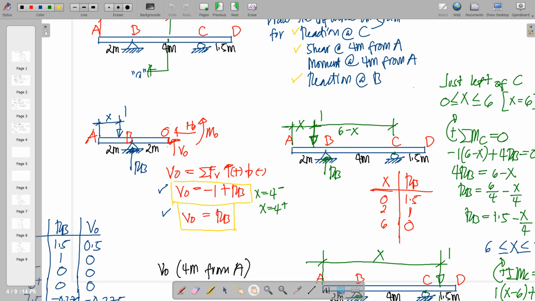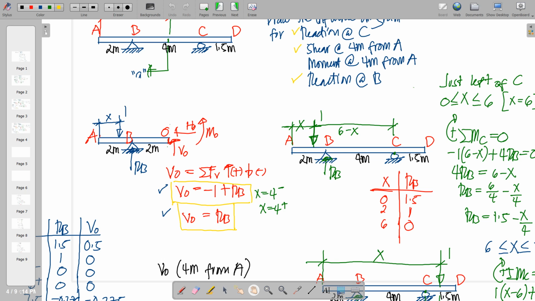Here's the left portion. As we can see, there will be two distinct equations here, wherein we use an equation just left of O and just right of O. Why?